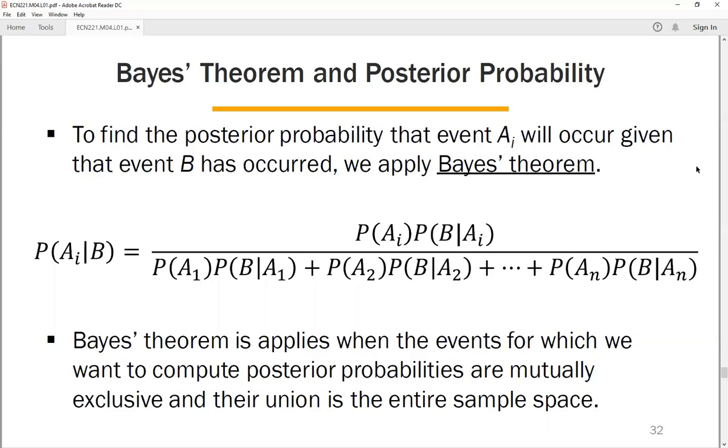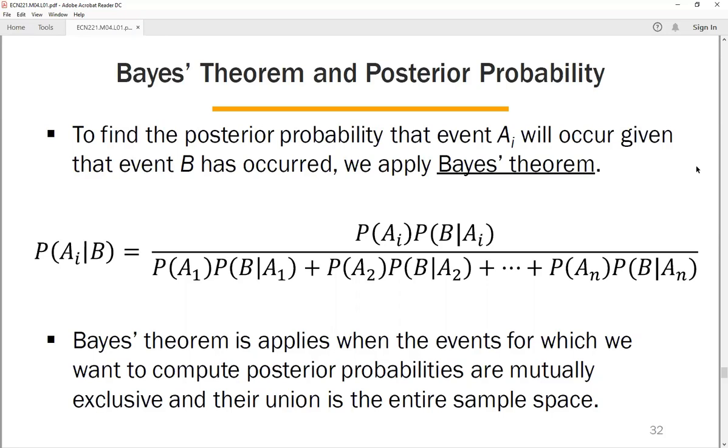So it's the marginal probabilities of A sub i, with i going from 1 to n, times the probability of B given A sub i, again with i going from 1 to n for each of those. So that's the expression that we've got for this.